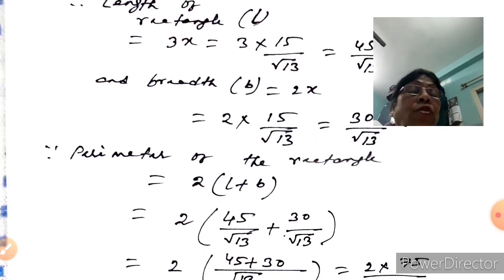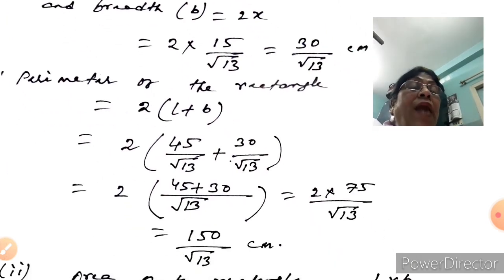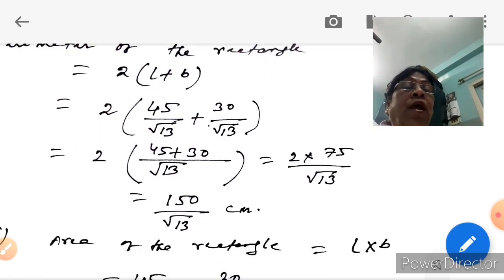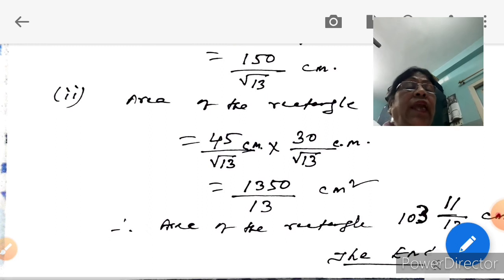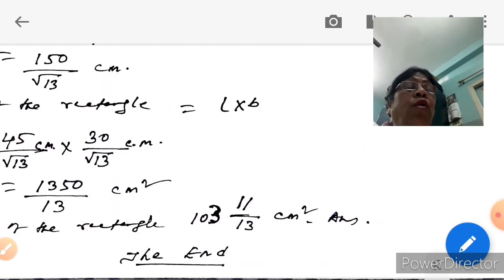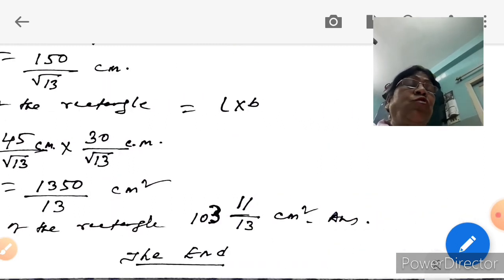So, we know the formula of the rectangle. Perimeter of the rectangle, what is the formula? Twice length plus breadth, that is twice into 45 by root over 13 plus 30 by root 13. So, multiplying we get 150 by root 13 centimeter. And the area of the rectangle is length into breadth.